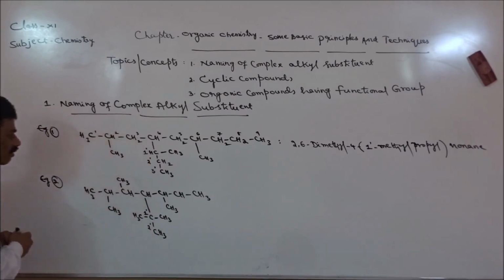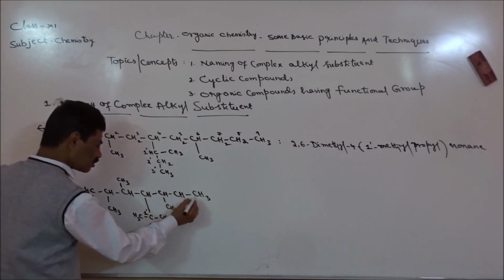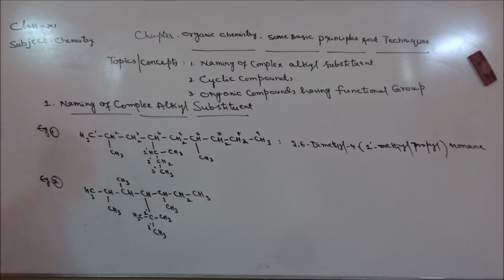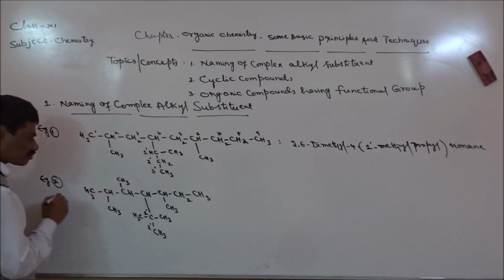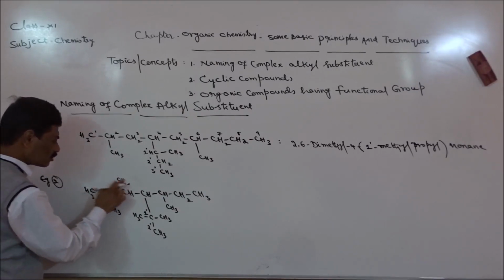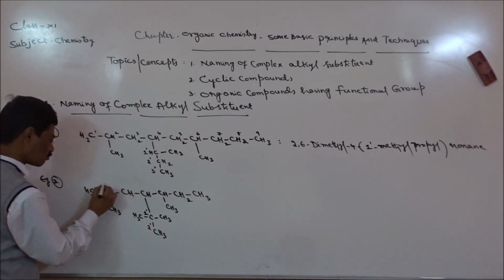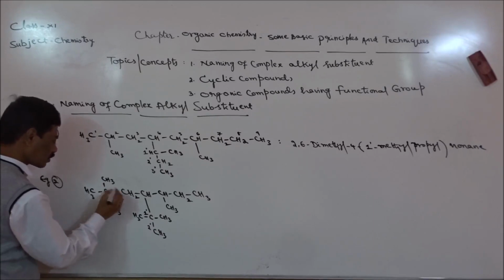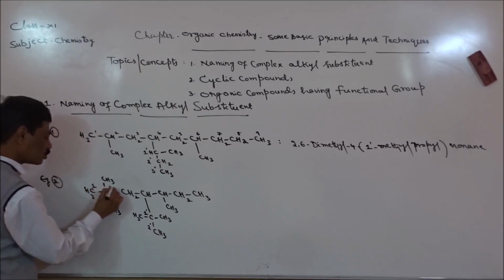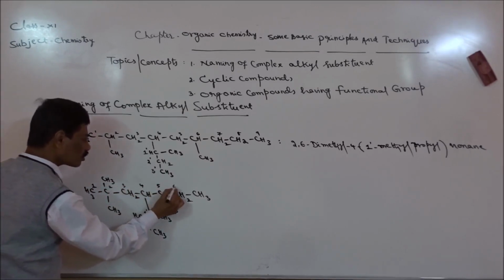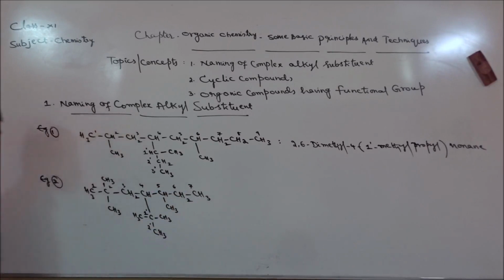Now let me satisfy the valencies of the other carbon atoms. Yeah, it is satisfied. When numbers are given, we add a methyl group here, and I will make this 2, and I will remove this hydrogen. So 1, 2, 3, 4, 5, 6, 7 carbon atoms.